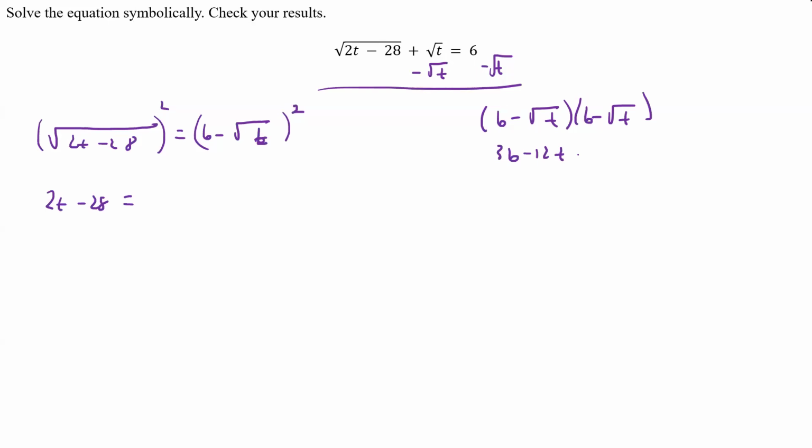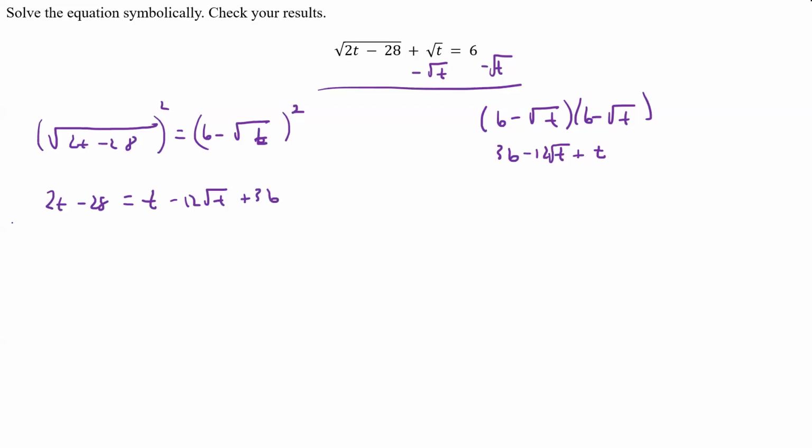And minus times a minus is going to be plus, and it's just going to be a t. Whoops, that's a square root of t, I must have dropped that. So we have t minus 12 square root of t plus 36.